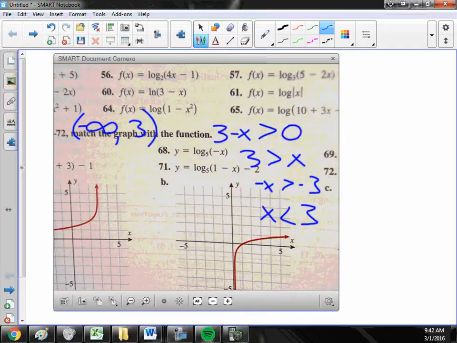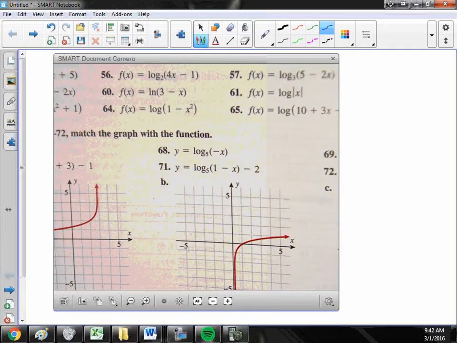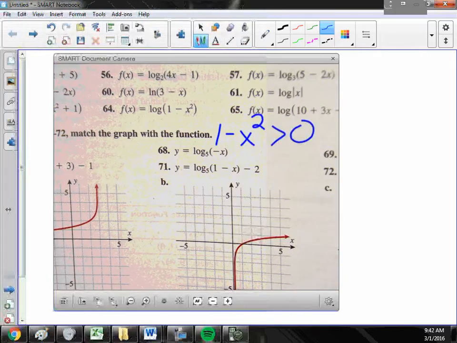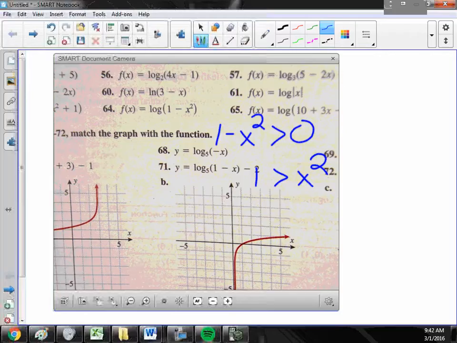Okay, look at 64. 1 minus x squared is greater than or equal to 0. I'm going to add x squared. 1 is greater than x squared. Take the square root.